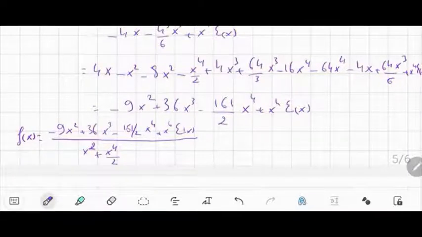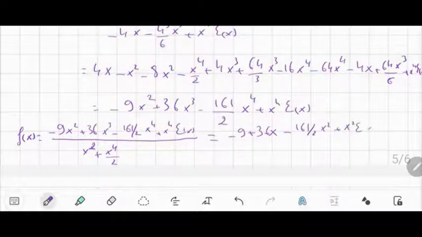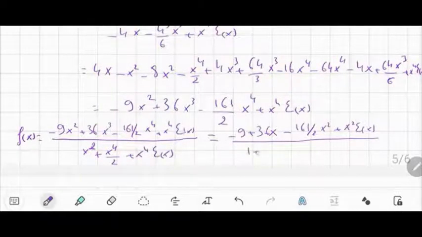So now, since we are starting by x² in the numerator and the denominator, we will take x² as a common factor and simplify it, and we will end up with minus 9 plus 36x minus 161 over 2 x² plus x² epsilon of x over 1 plus x² over 2 plus x² epsilon of x.